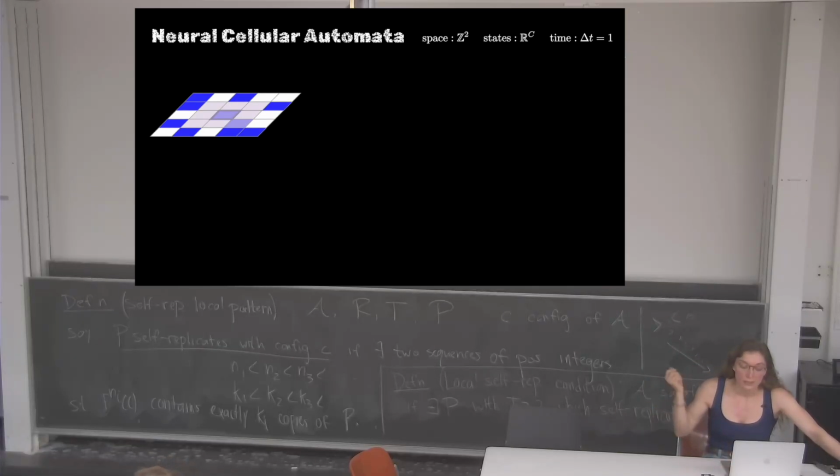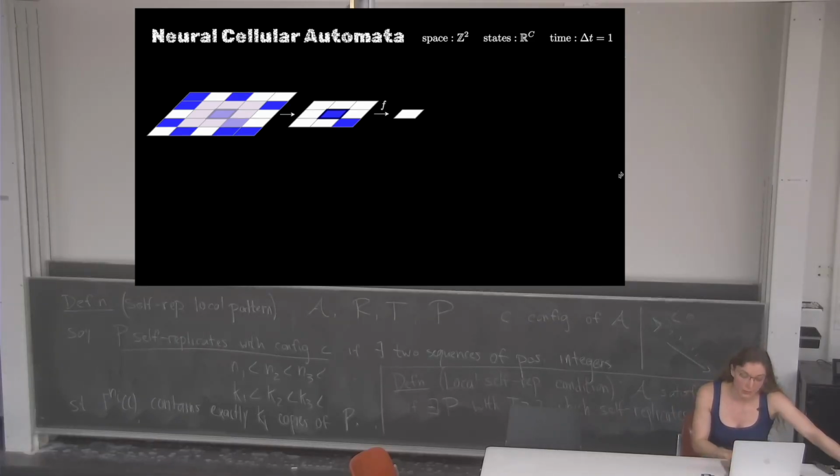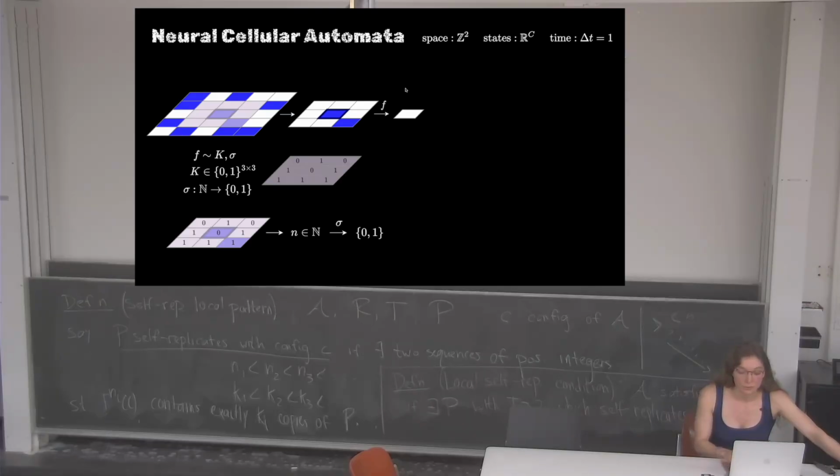So we have this local neighborhood which extracts the values around this state. And then we have some nonlinearity f. That is the update rule which tells us the next state. If we restrict ourselves to a very particular family of these local rules, we can represent them by a particular kernel and some nonlinearity, for instance, sigma.